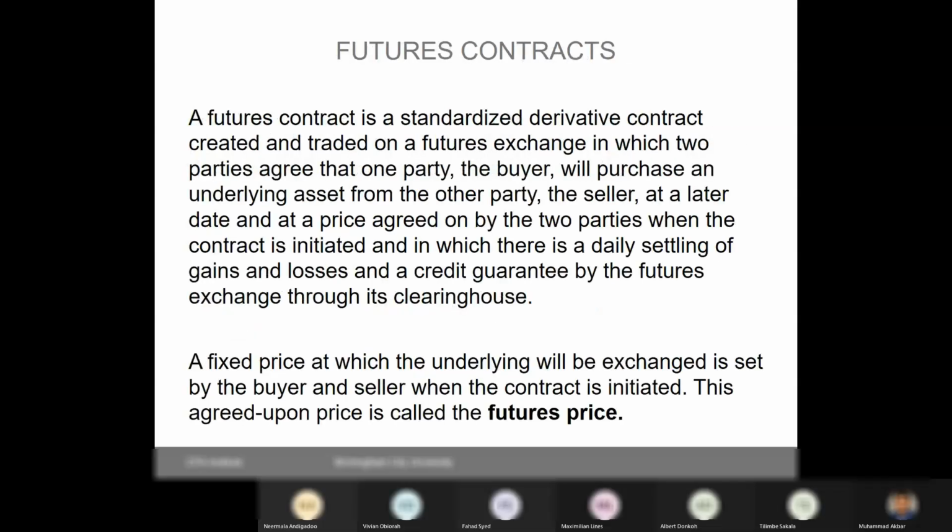Now, futures contracts. A futures contract is different from a forward contract in the sense that futures are exclusively exchange traded contracts. So they are standardized contracts. The forward contract, as we said, is an OTC contract and it is customizable. However, a futures contract is a standardized contract. And the other important difference is that when we talked about the forward contract, we said that the spot and the derivative market behave like this.